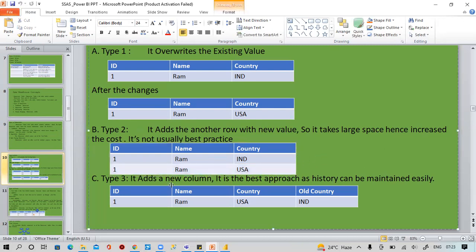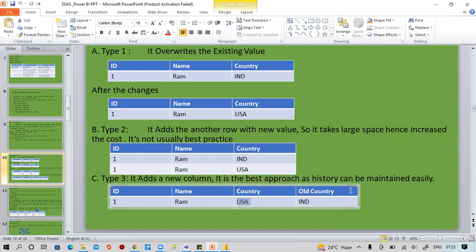Then there is type 3, which just adds one new column instead of adding the entire row. This is the country and this is the old country, which means earlier Ram stayed in India, now he stays in the USA.